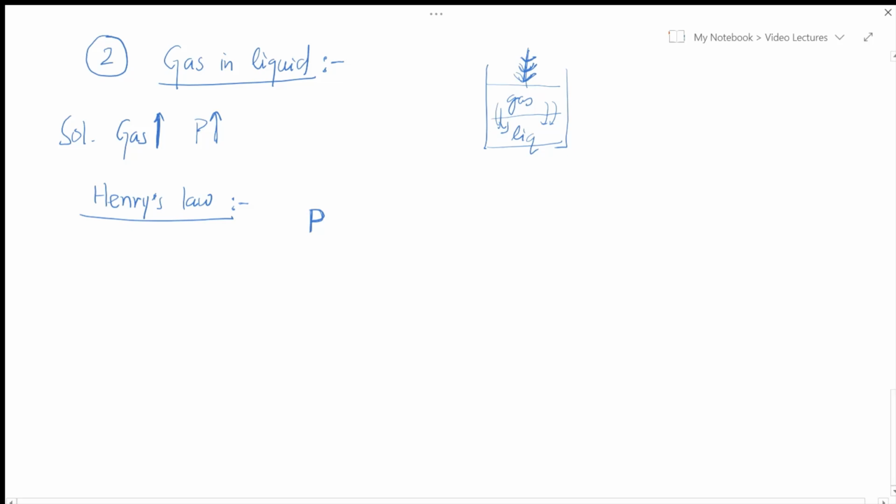Now, P is directly proportional to xi. From a causality point of view, I think it should be written in the opposite manner. From a causality point of view, we should write that xi is proportional to pressure. That if you increase pressure, then mole fraction of the gas in the liquid will go up. But the original expression of Henry's law expresses this, that P is directly proportional to xi. In fact, P is taken as Kh into xi, where Kh is called Henry's constant.